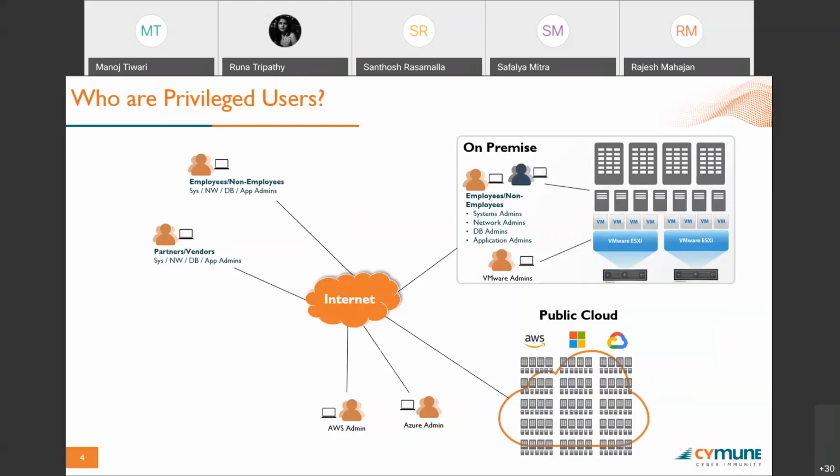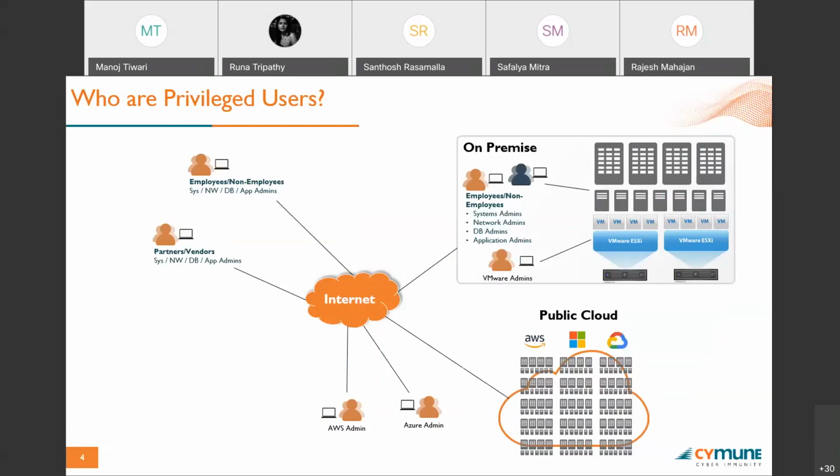And you also have these administrators accessing from outside. And in today's time of pandemic, the number of users accessing from the internet is huge. This is going on in the world. So it exposes our data and our network outside, and then the threat also goes up.